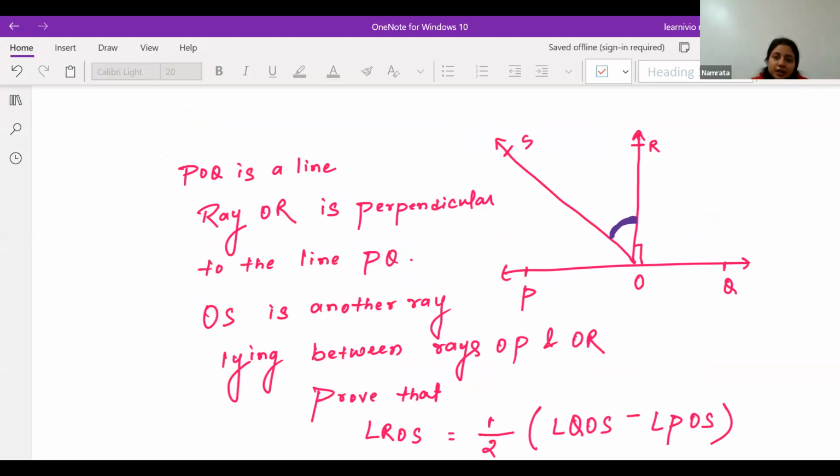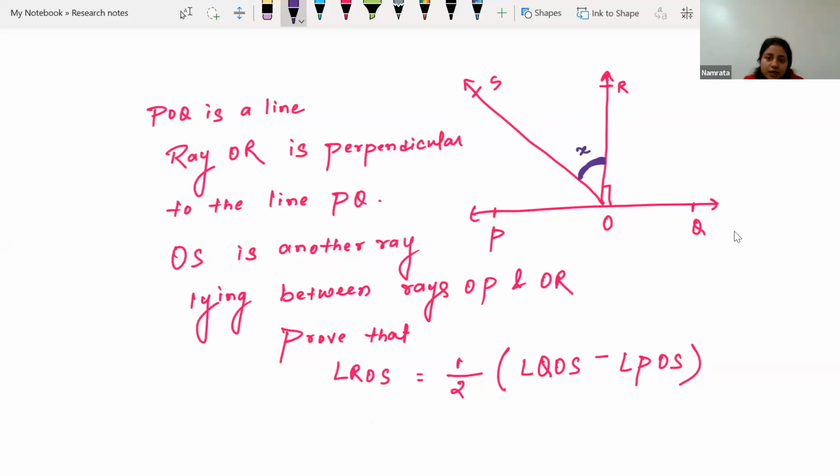Let's say this angle ROS is X. QOS, this total, let's say it is Y. And POS, let's say this is Z. So we have to prove that X is equals to half of Y minus Z. This is what we have to prove.